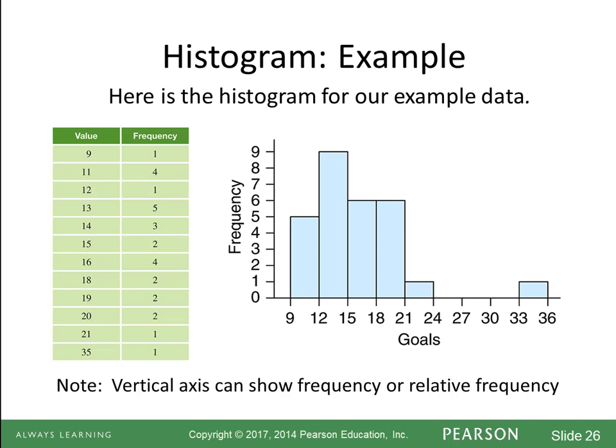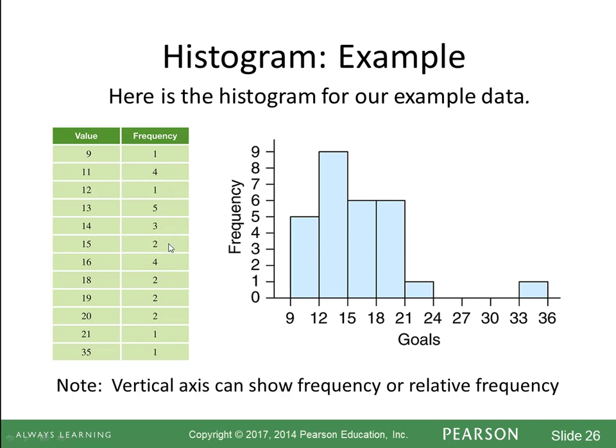So here is that data on number of goals, and you can see that we have our values from our frequency table, and then the frequency is on our vertical axis.